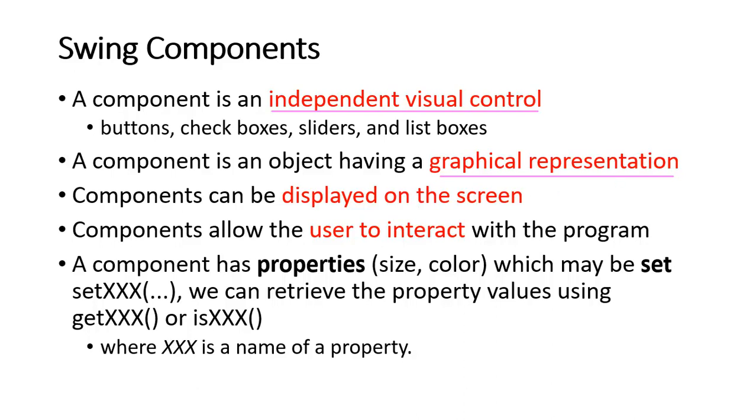They can be displayed on the screen, and we can interact with these components. Apart from that, we can also set their properties. To set any property, we use the set method. In order to retrieve it, we use the get method.